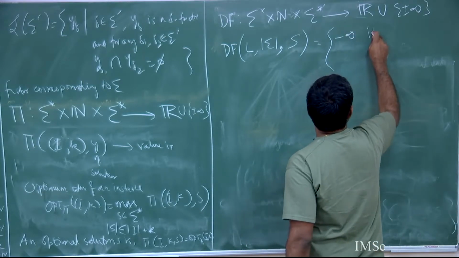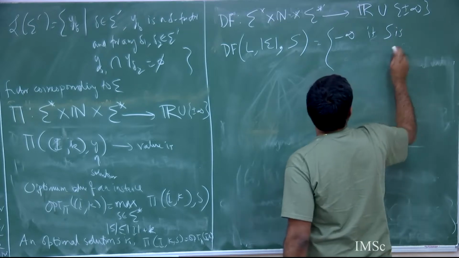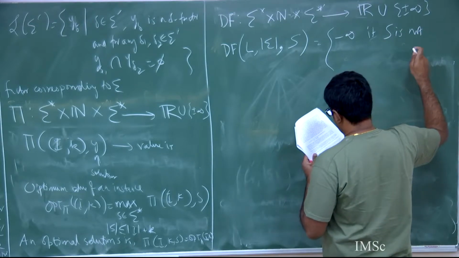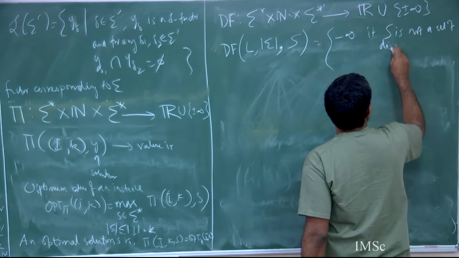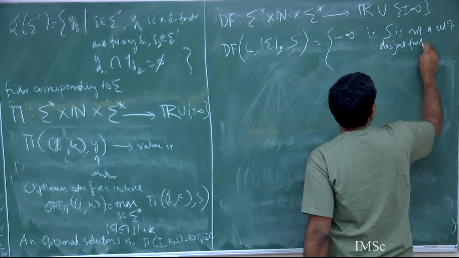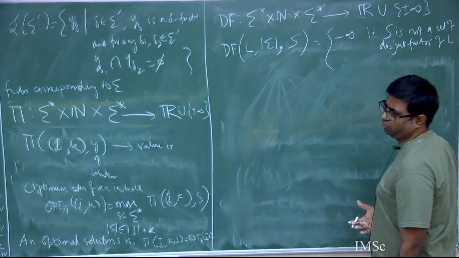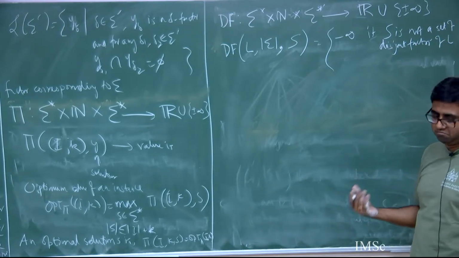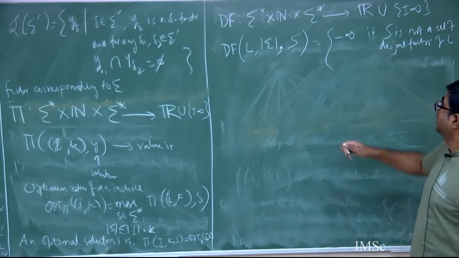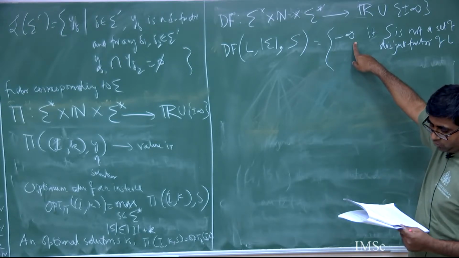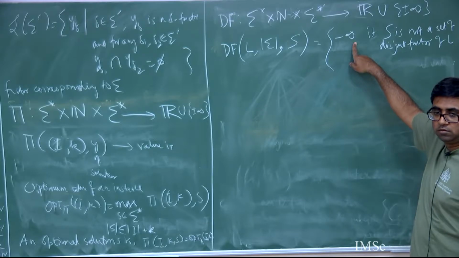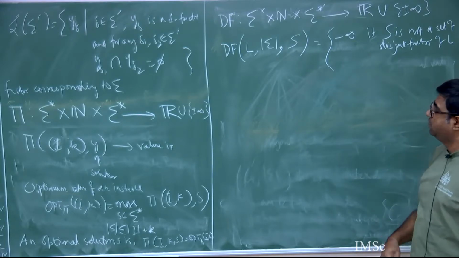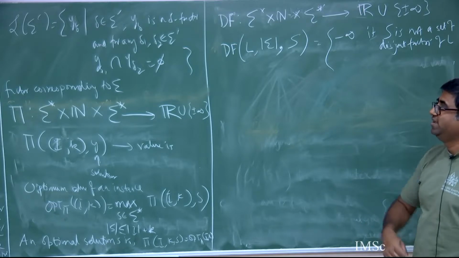minus infinity if S is not a set of disjoint factors of L. Meaning you gave me some malformed solution, maybe the factors are overlapping. In that case I map it to minus infinity. That is by choice. I'm not interested at this point in looking at every feasible solution.